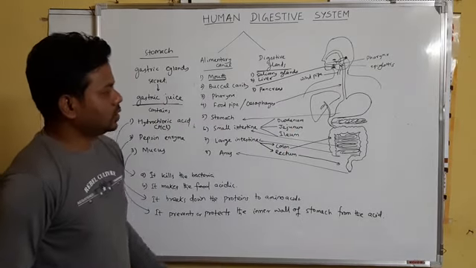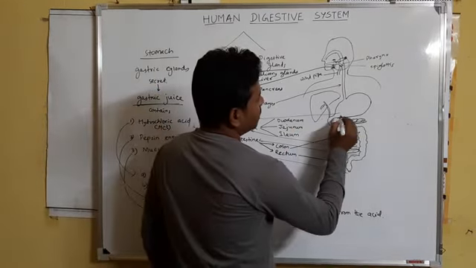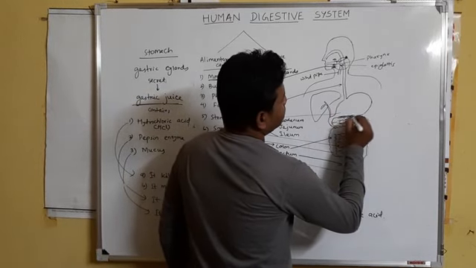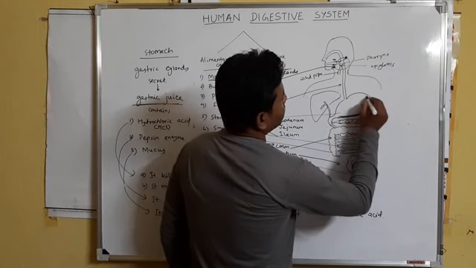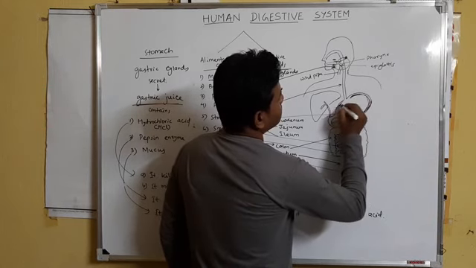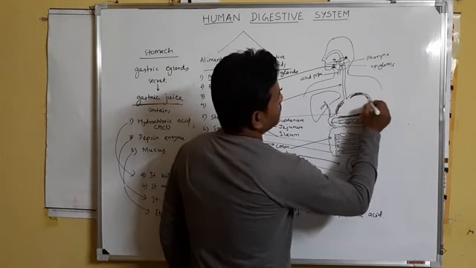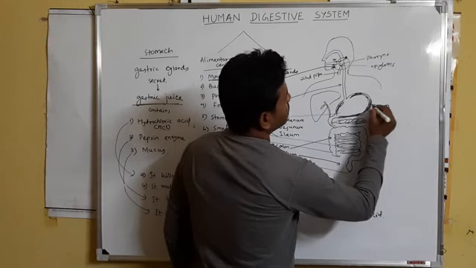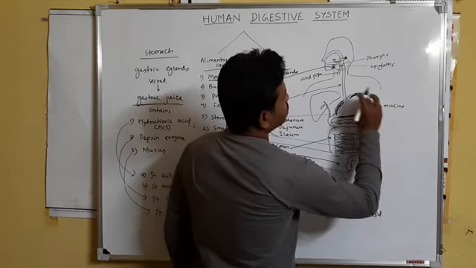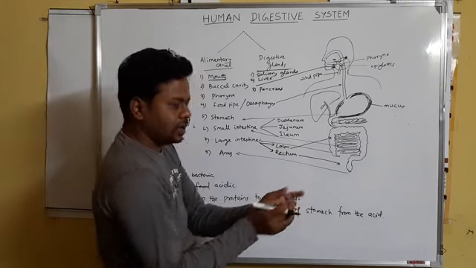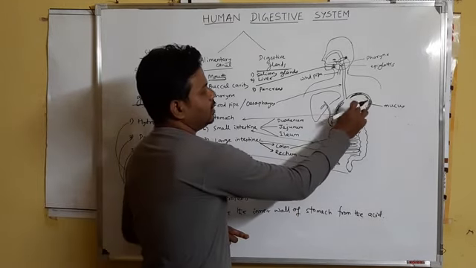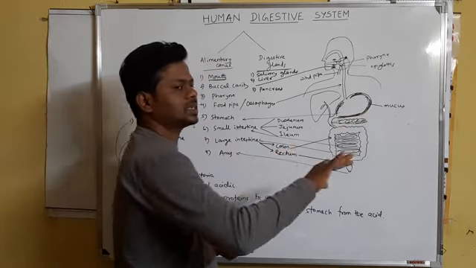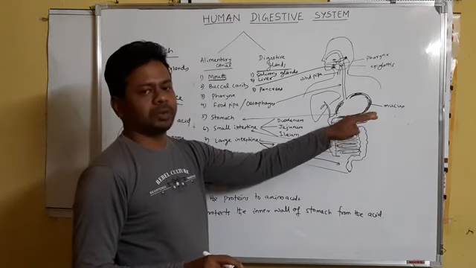Because what happens inside the stomach is that the mucus forms a thick layer like this. So think that this is mucus. The mucus makes a layer, and due to this layer, the HCl acid cannot touch the wall of the stomach.